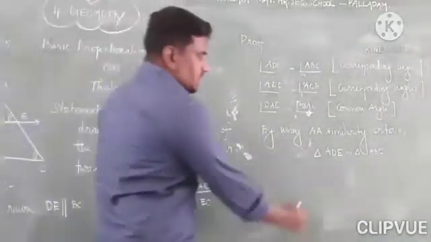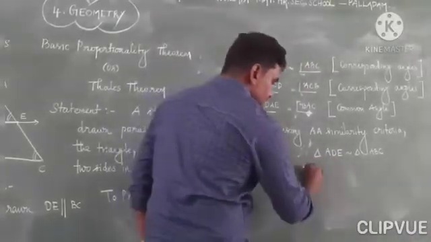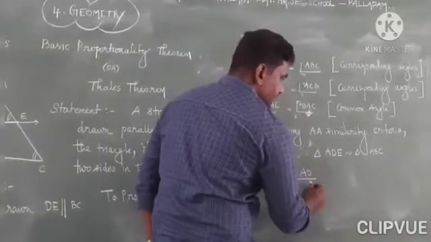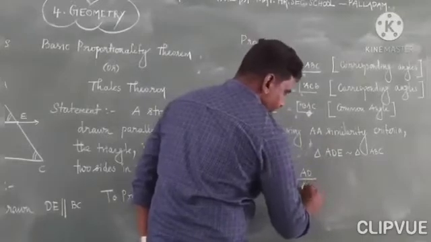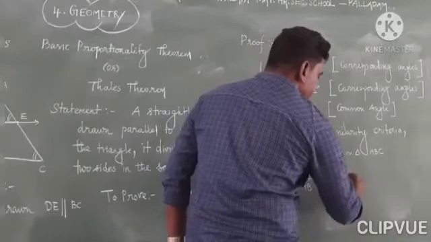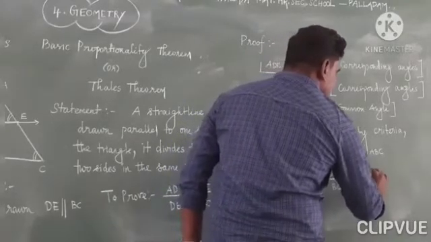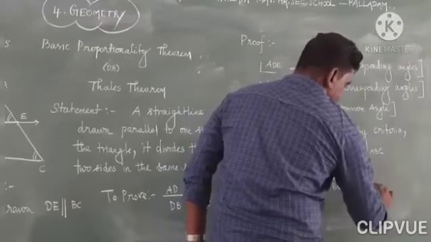Okay. So if two triangles are similar, their corresponding sides are proportional. So corresponding sides AD by AB equal to DE by BC is equal to AE by AC.